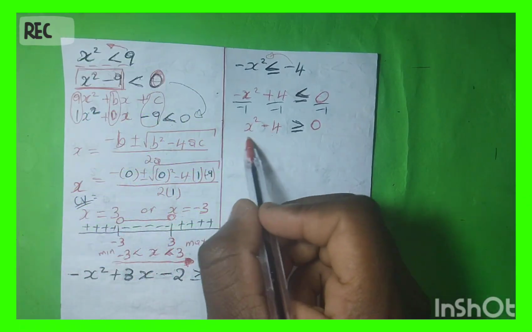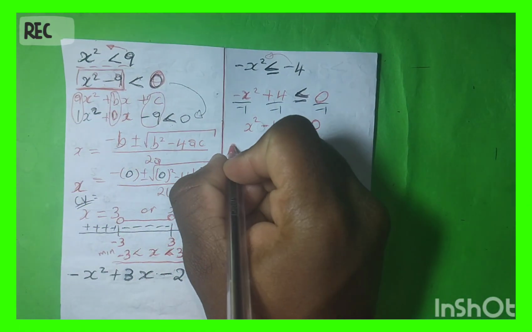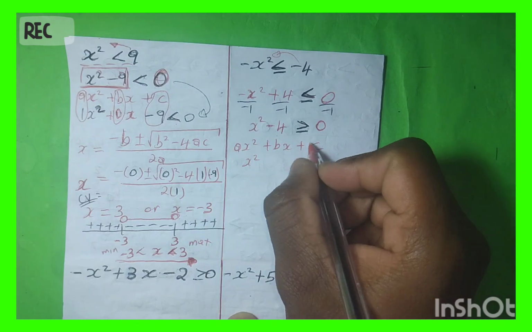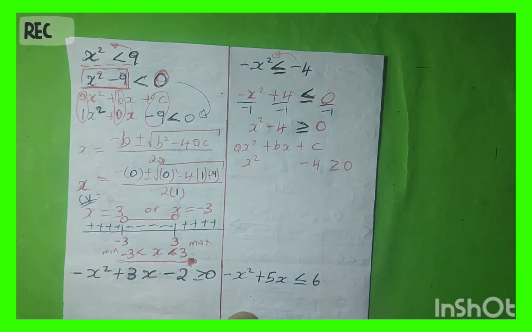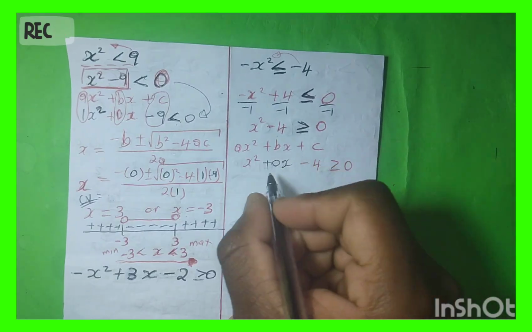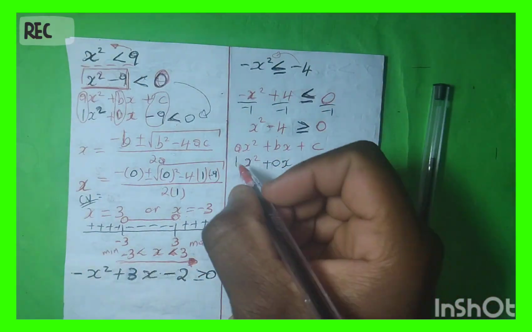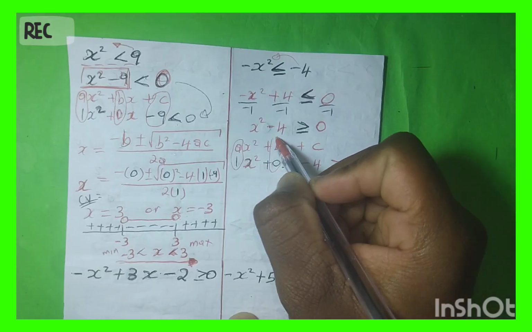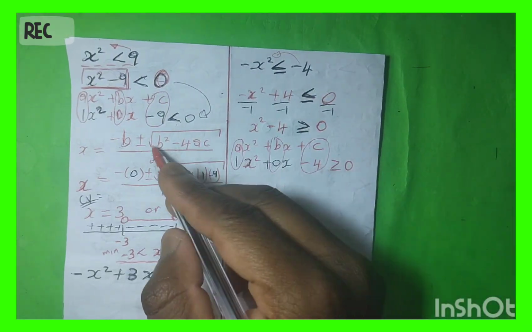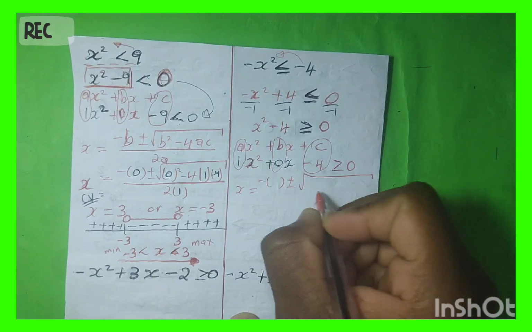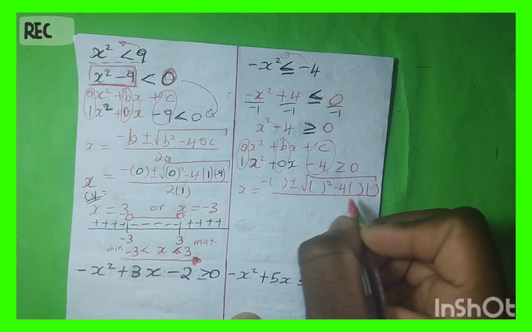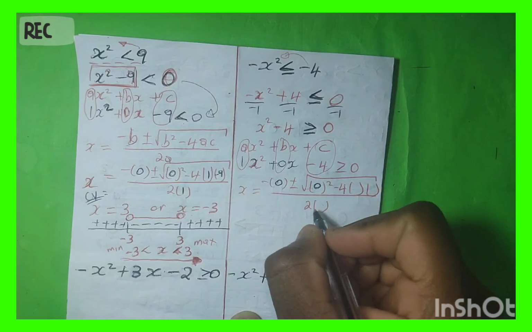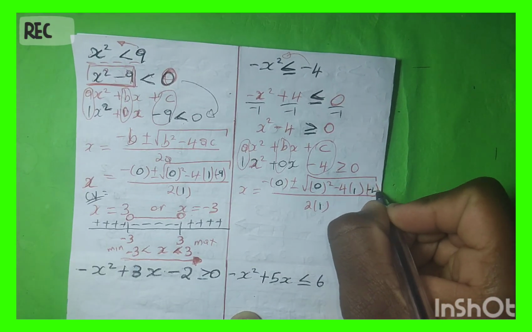Now in this case I can apply my quadratic formula, because this is now in the form plus C, where this is our A and this is our C. Our B is an invisible 0, since we have an invisible 1 here. So I can identify A, B, and C and substitute in the formula. B is 0, A is 1, and C is minus 4.